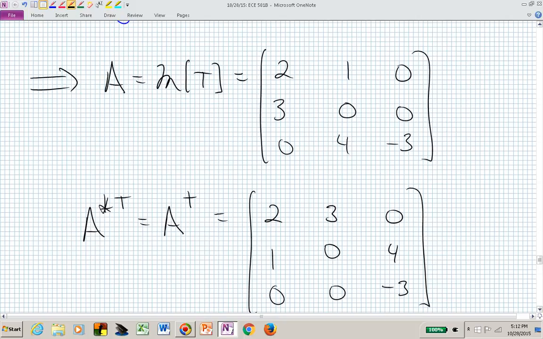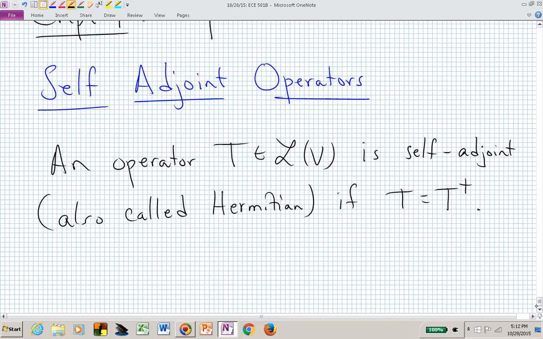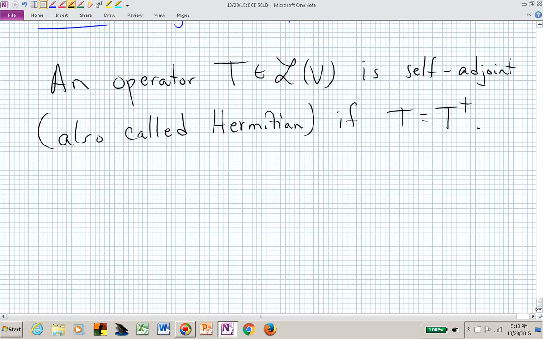But we would need it to be equal to its transpose, and it's not, is it? A and A dagger are not equal. So that's not a self-adjoint linear map. There's an example that's not, it is an operator. It goes from R3 to R3, but it's not self-adjoint. Obviously, then, this is imposing certain constraints on this linear map.